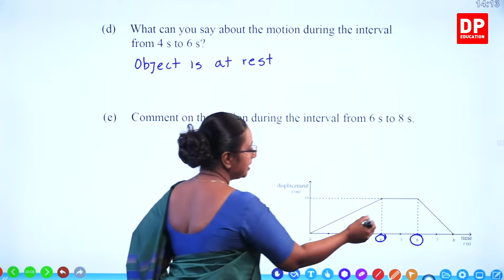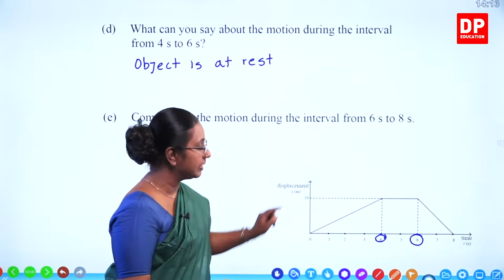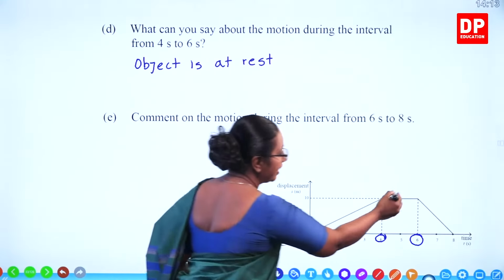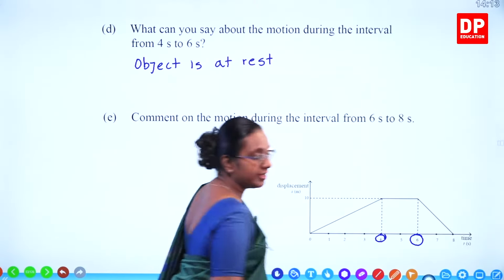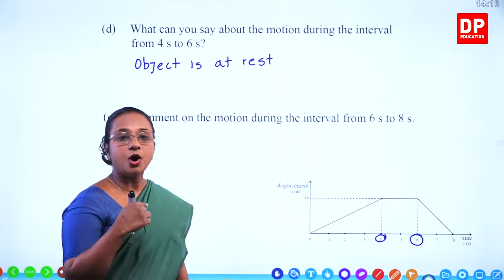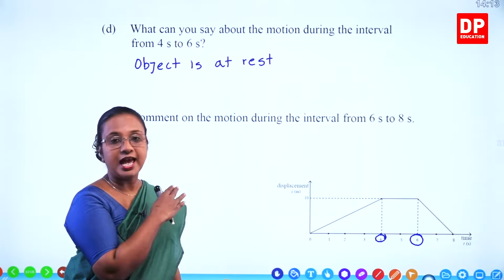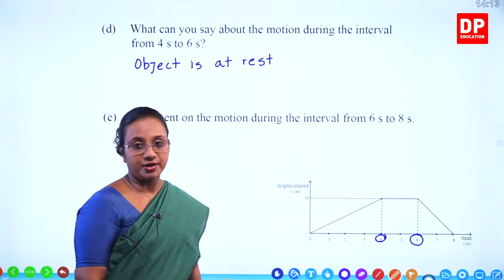Next one, comment on the motion during the interval from 6 seconds to 8 seconds. So as you can see, initially the object came to the point where the displacement is 10 meters and then it went back to the point where the displacement is 0. So that means the object traveled in the opposite direction and reached the starting point.